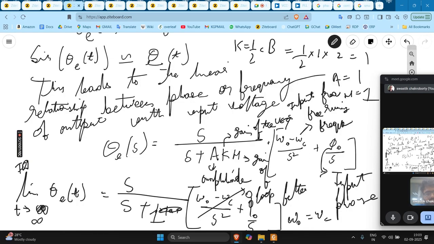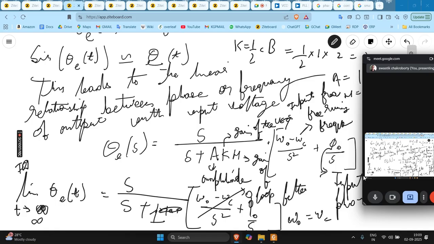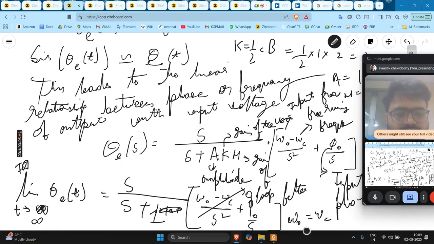This particular signal has pure phase. So omega naught minus omega c is 0.